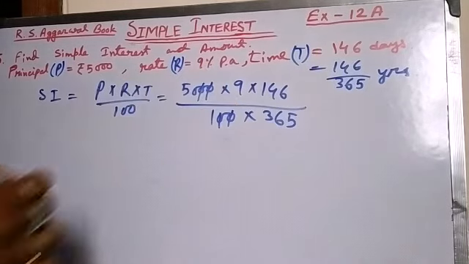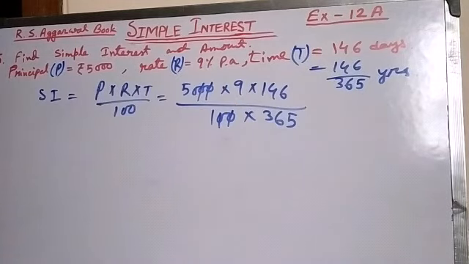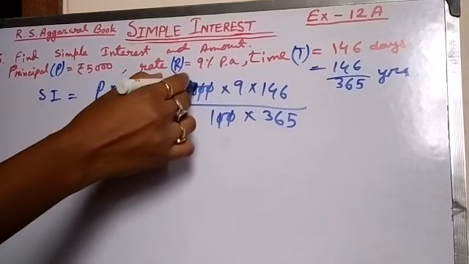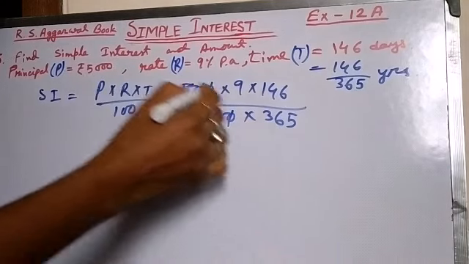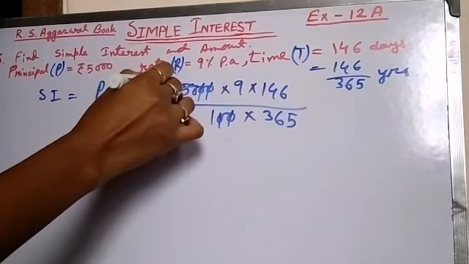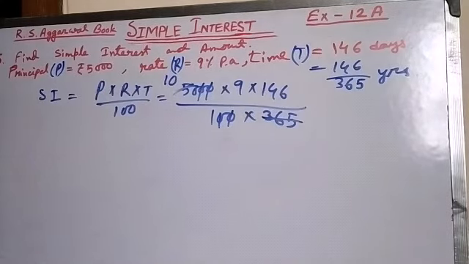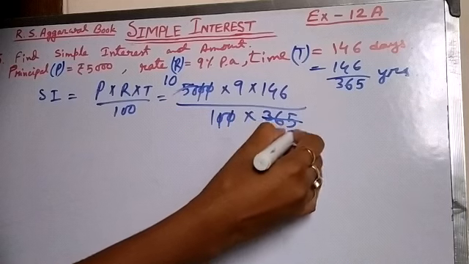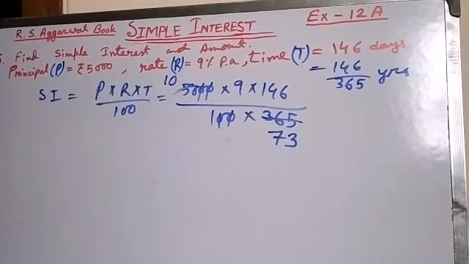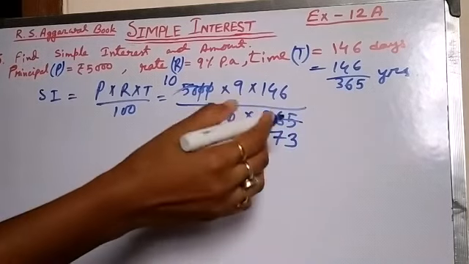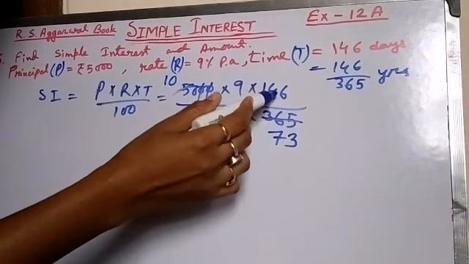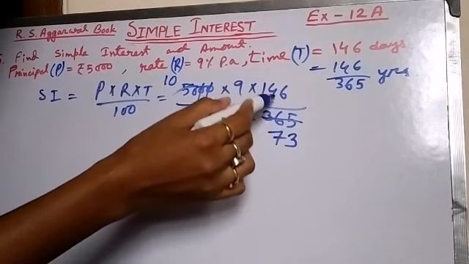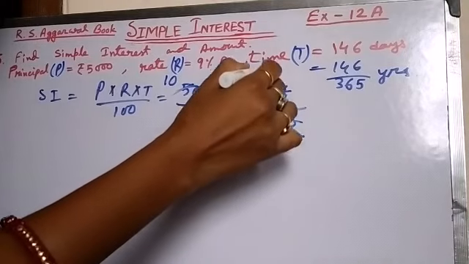These two zeros can be cancelled. So this can be cut by 5. 5 7s are 35. 5 3s are 15. Now this is divisible by 73. 73 2s are 146.